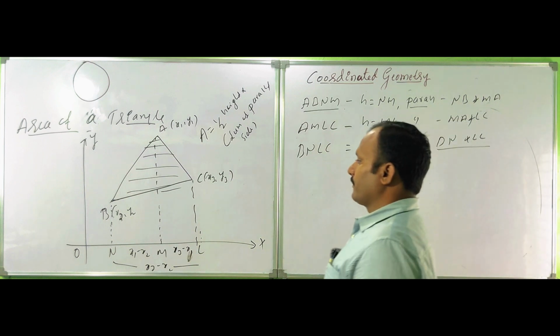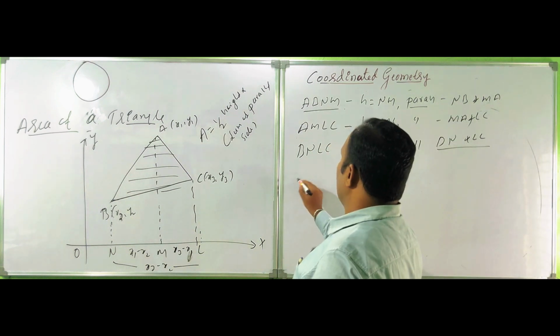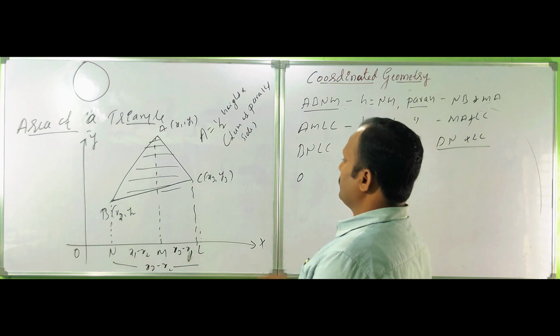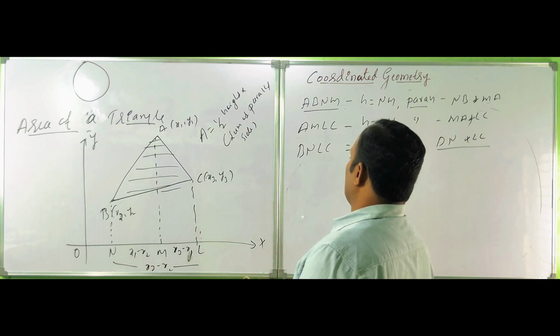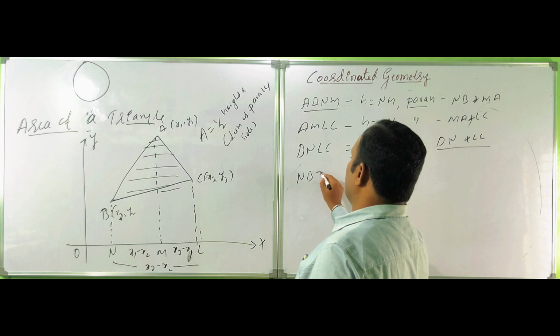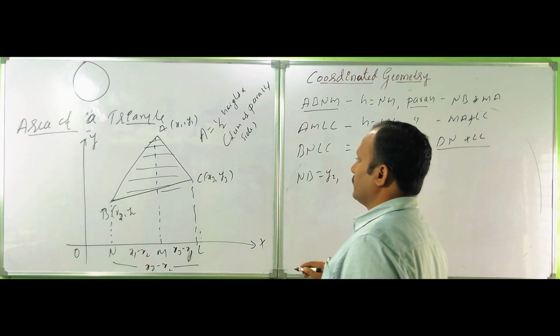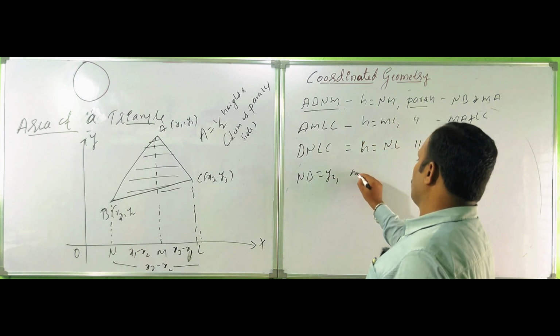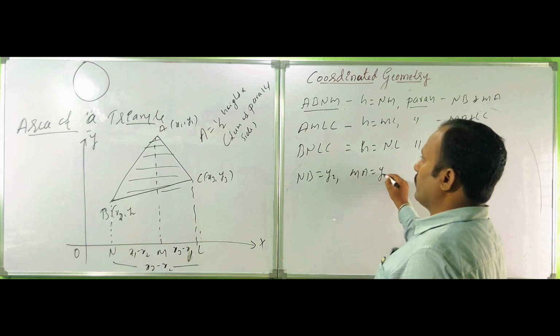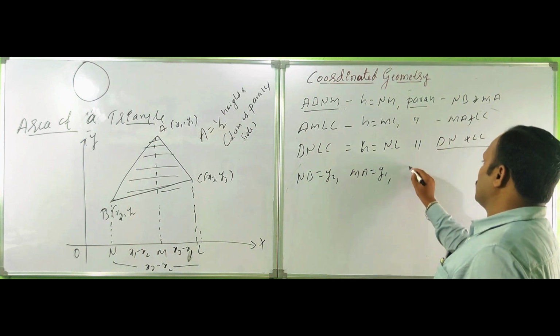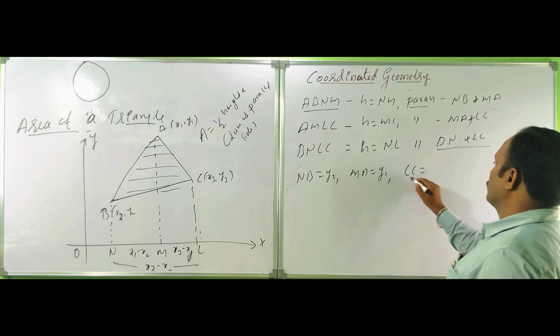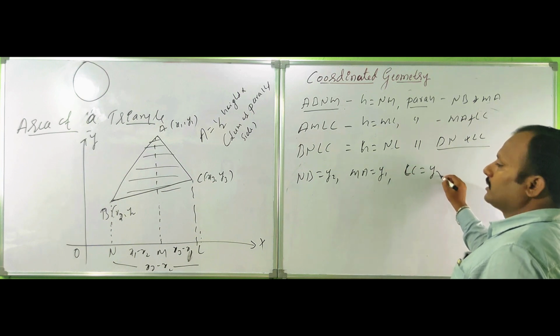And see, NB is equal to y2, and MA is equal to y1, and LC is equal to y3.